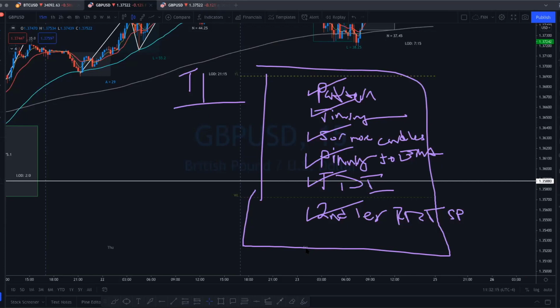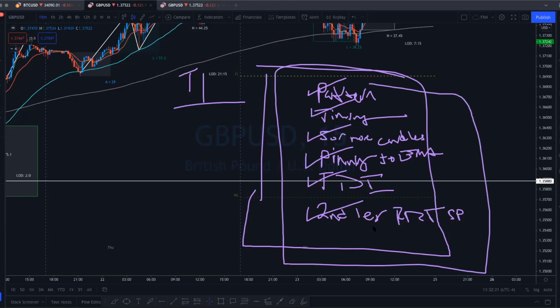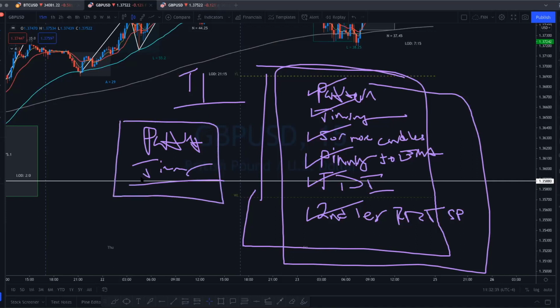How confident would you be in taking a trade setup when all these factors are in play versus just having a pattern and timing in play? So if you had a type 1 setup that gave you a right pattern and right timing, and that's all it gave you, versus a type 1 setup that gave you pattern, timing, candles, pinning, TDI, second leg railroad track, which trade are you taking?